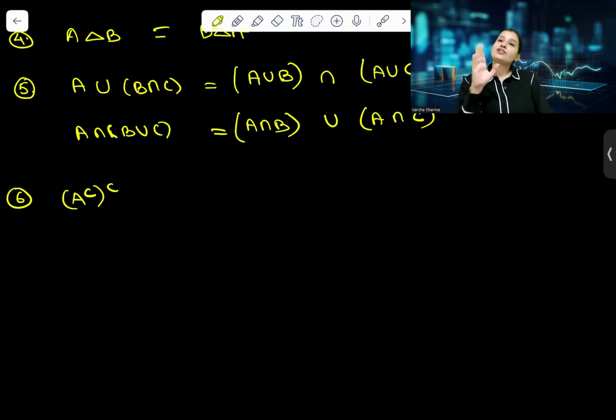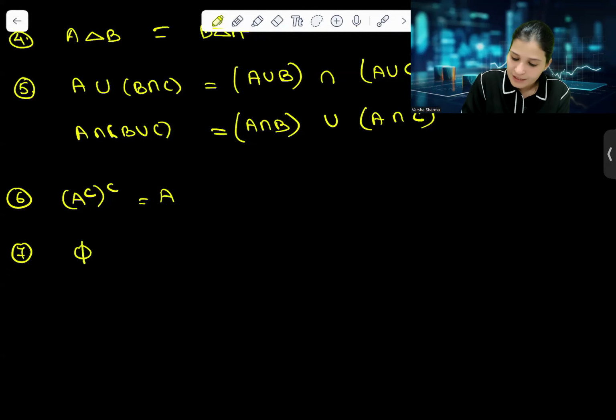If the universal set is 1, 2, 3, and my set A has 1, 2, then in the complement, what will I have? 3. Again, I find the complement of the 3. What will I get? 1, 2. That is the set A itself. So if I find simultaneous complement of a set again, it gives you the same set back. Understood? So this will be clear.